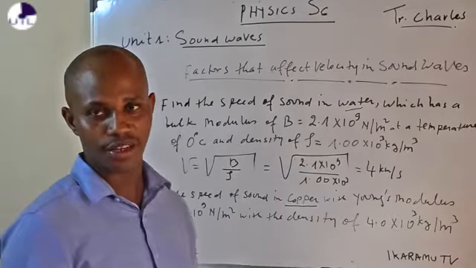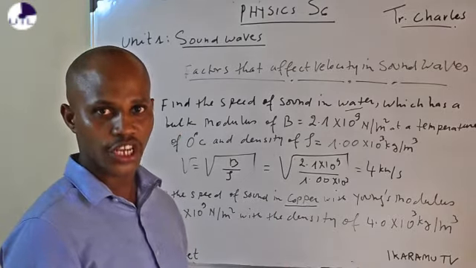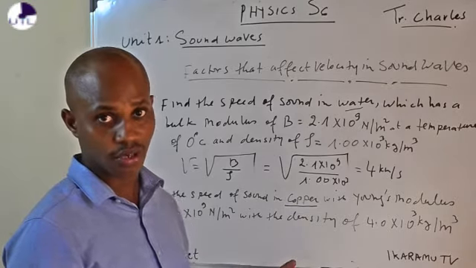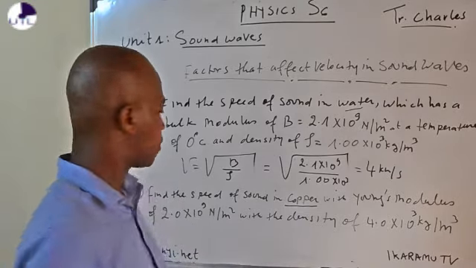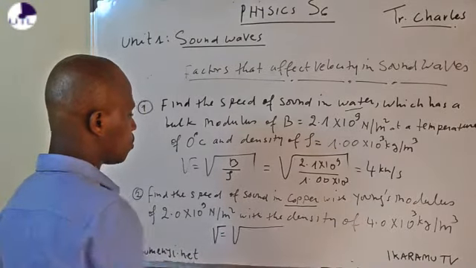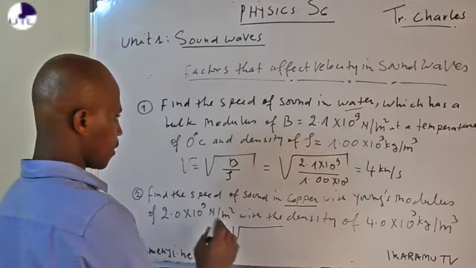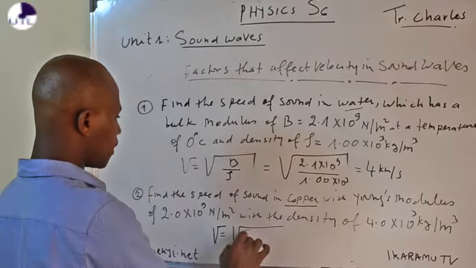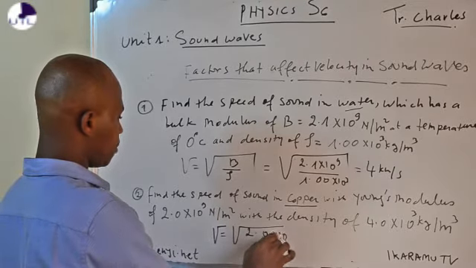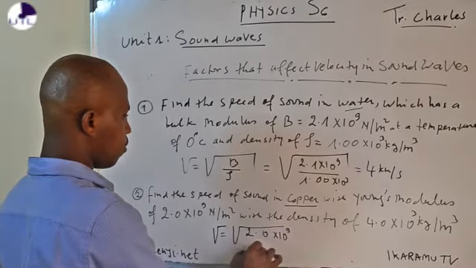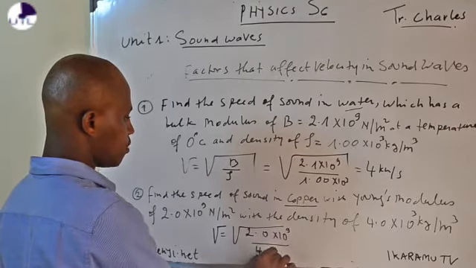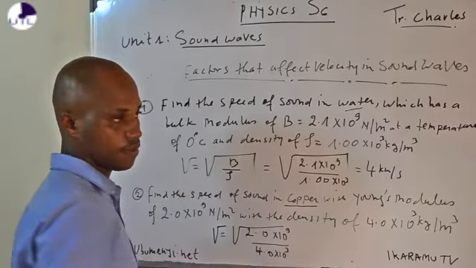The game is the same, apart from changing from bulk modulus, you replace it by Young's modulus, and I think you have seen it. Then the speed will be equal to the square root of Young's modulus, that is 2.0 times 10 to the power 9 over 4.0 times 10 to the power 3.